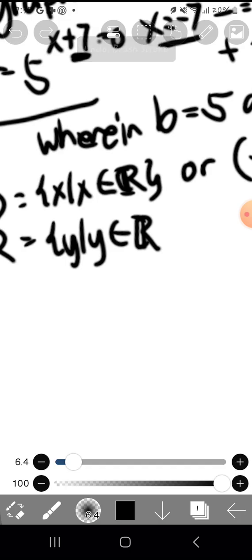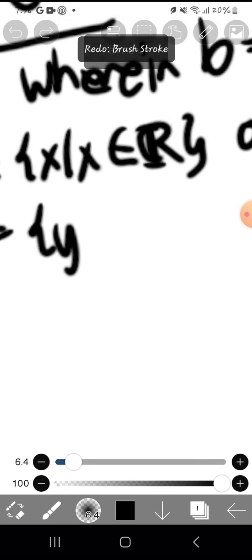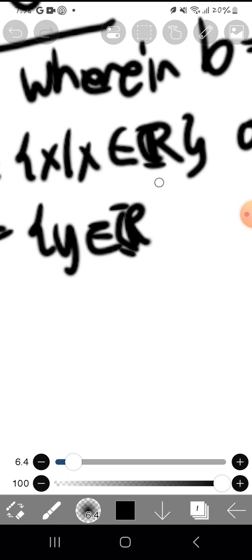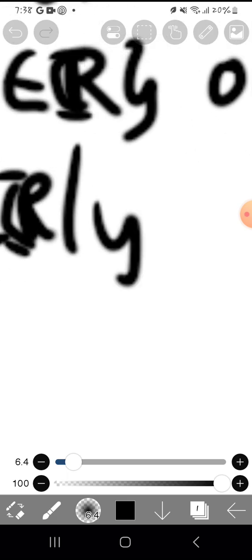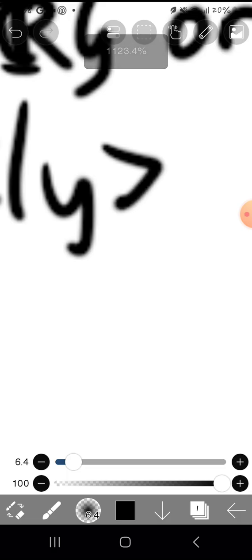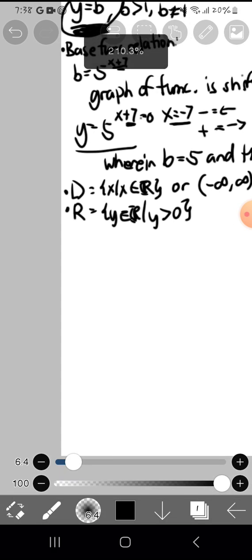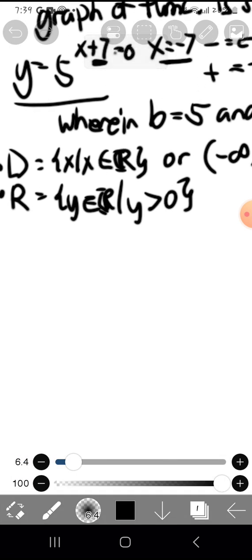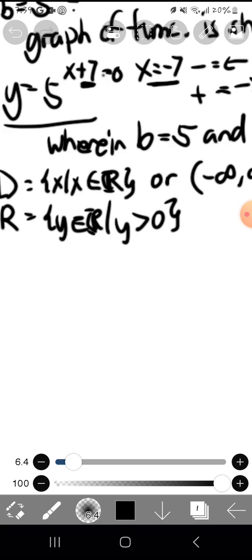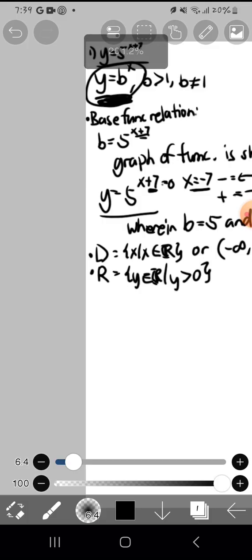Y is the set of all real numbers such that y is greater than 0. This means that lahat ng values of y here in this case is greater than 0. Why is that? Bakit greater than 0?